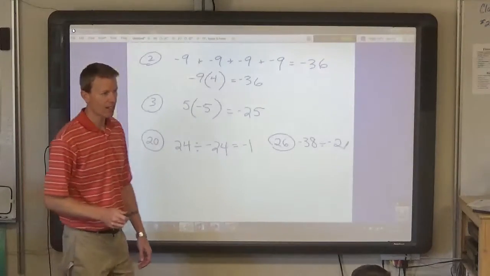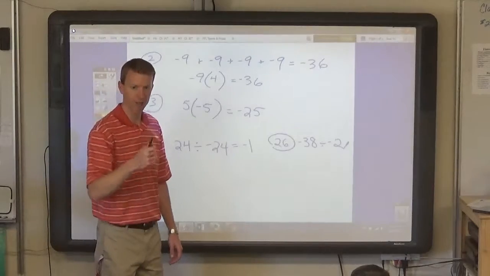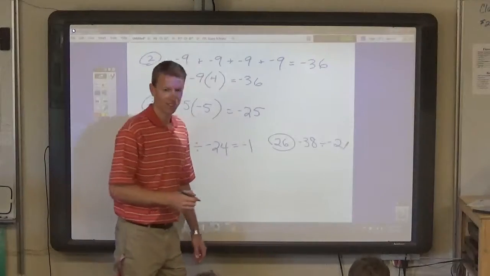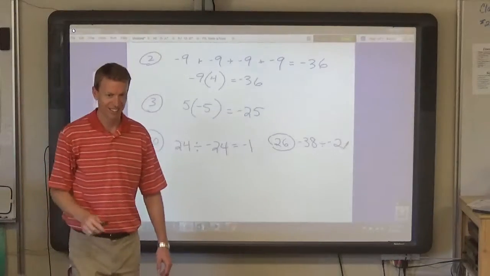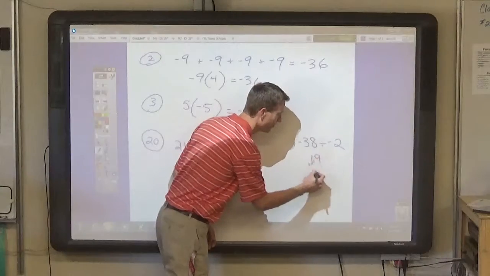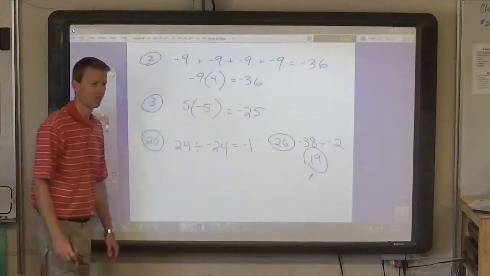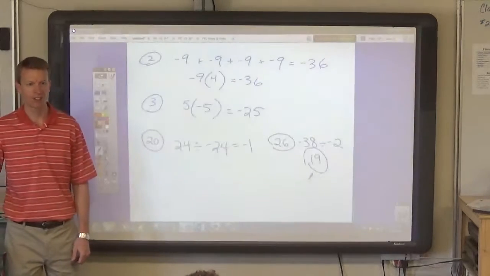So then the answer is negative or positive? Positive. Tyler, what's the answer? I accidentally wrote it when I wrote it up there. Half of 38. 19. Yeah, positive 19. Yep. Any questions on multiplying and dividing positive and negative numbers?